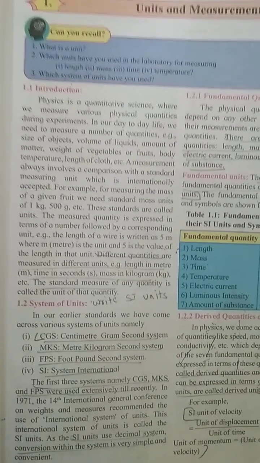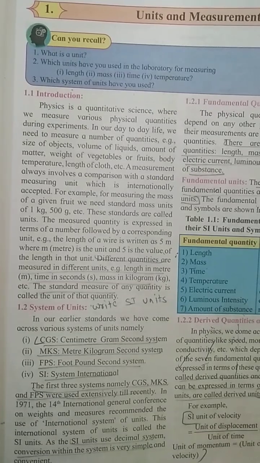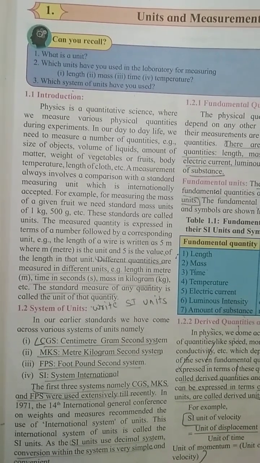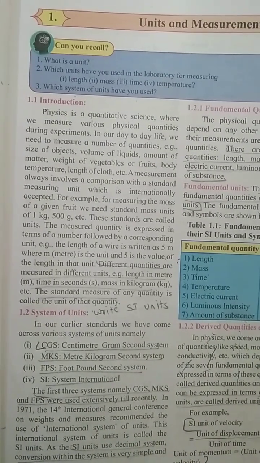Vegetables in the same way: 25 grams, 50 grams, 1 kg, 1.5 kg. These are the units measured day to day, and these standards are called units. Whatever is required to measure any object is called a unit.